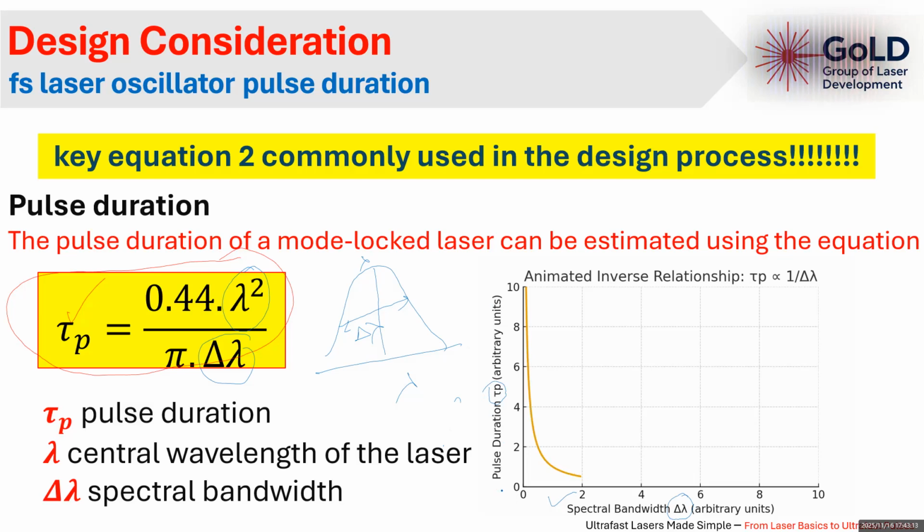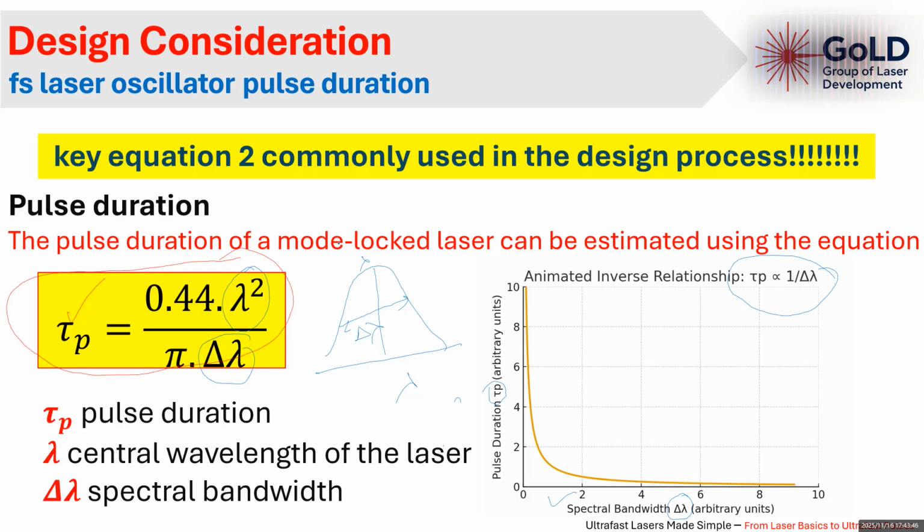What it simply shows is that the pulse duration is inversely proportional to the spectral bandwidth. Gain bandwidth and spectral bandwidth, in both cases, the pulse duration is inversely proportional. It's not directly proportional. Okay, it's opposite.